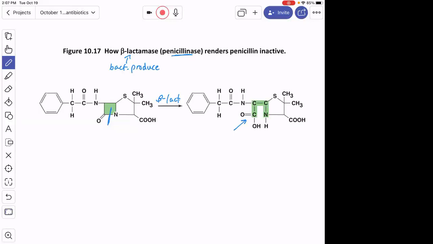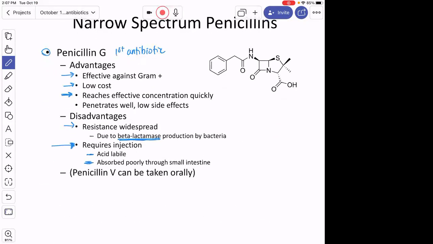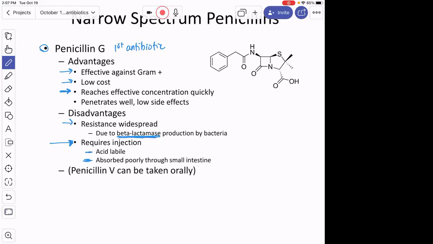That basically nullifies the penicillin. If bacteria can make this enzyme, they can survive in the presence of penicillin. How do they acquire the ability? Usually by conjugating with another bacterial cell. So the ability to produce that enzyme has become widespread, and that's why we don't really use penicillin G very much anymore.